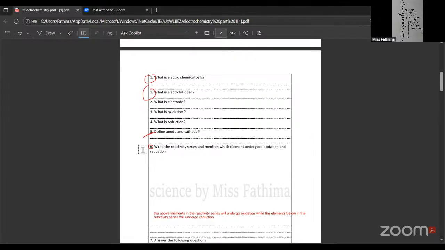So what is an electrochemical cell? What is an electrochemical cell, children?